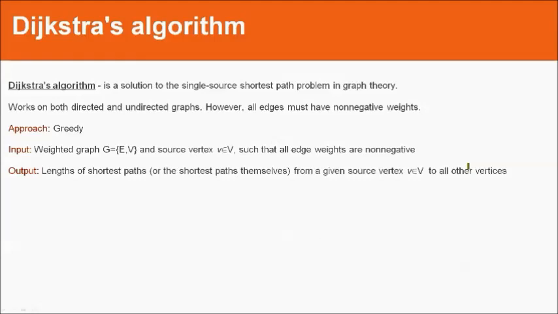The input is a weighted graph and a source vertex V, an element of the vertex set, such that all edge weights are non-negative. The output is the lengths of the shortest paths, and the shortest paths themselves, from a given source vertex V to all other vertices.